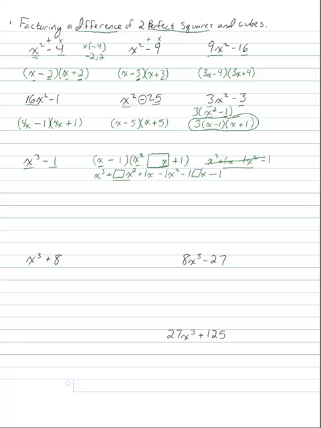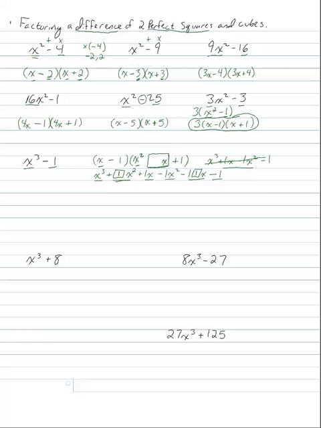So again, I got my x cubed there, I got my minus 1 there. I like those. I want everything else to cancel out. So I want my box x squared and my minus 1x squared to cancel. I want my 1x and my minus 1 box x to cancel. Well, the only way that both of them are going to cancel is if that box is 1.